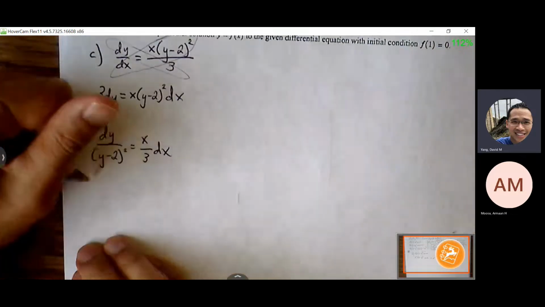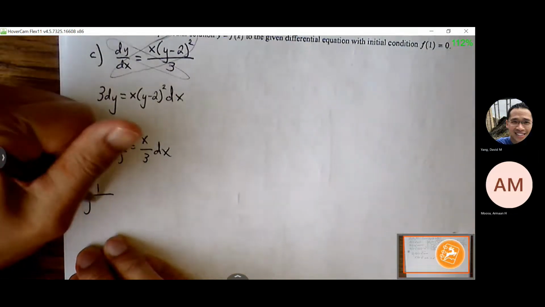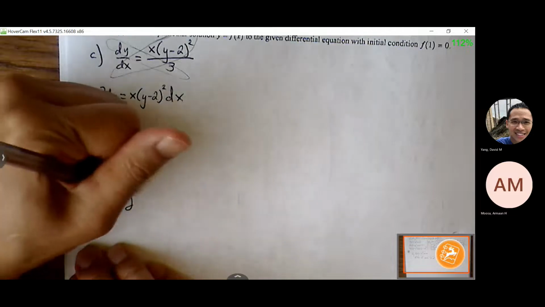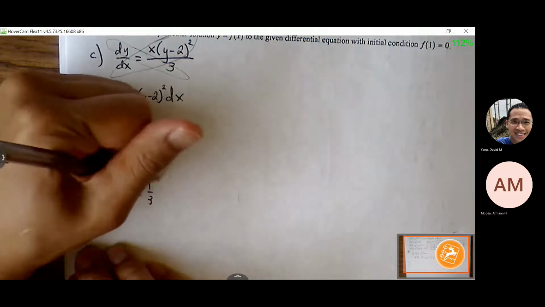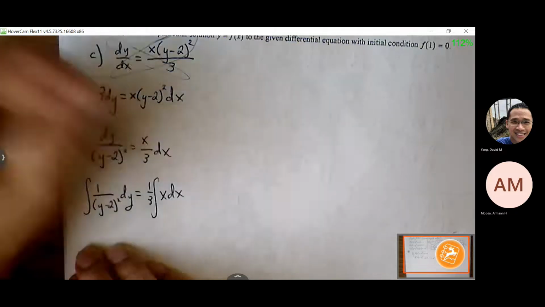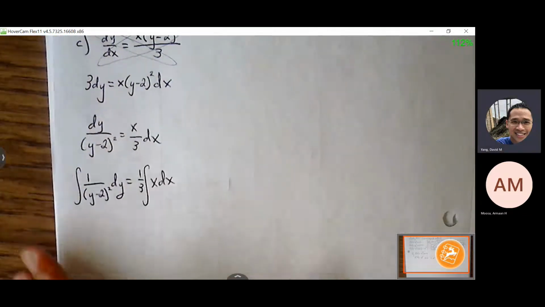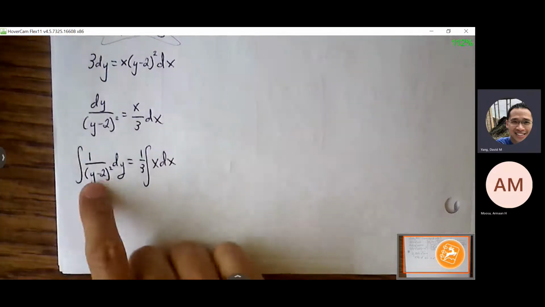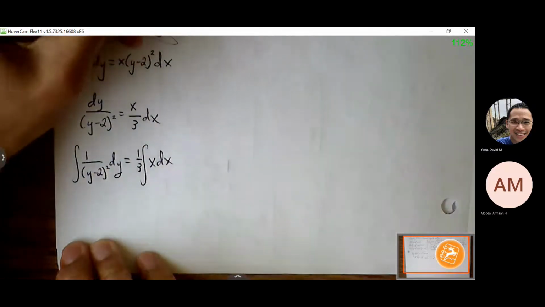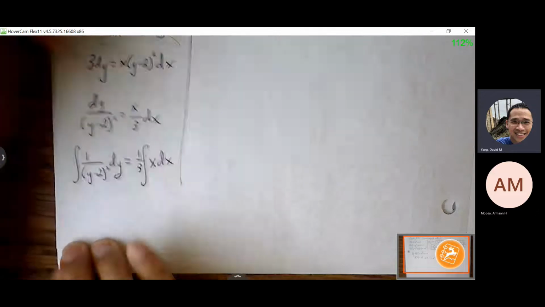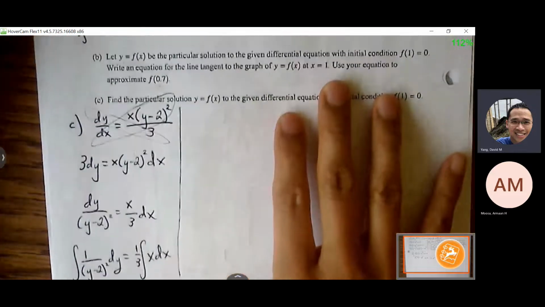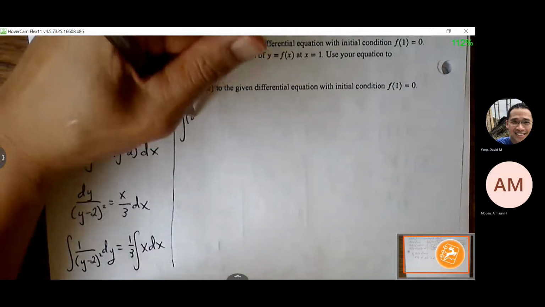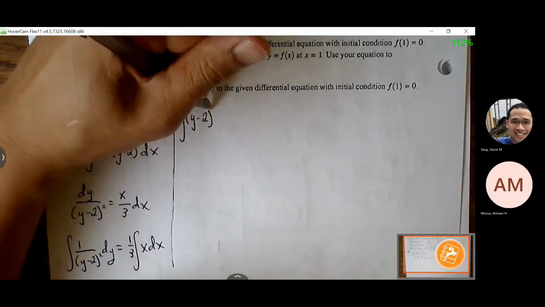Set up our integral here. Left side is u substitution, right side is power rule. But even with u substitution, I like to get that to be brought up to the top so I don't have to worry about moving it up later.